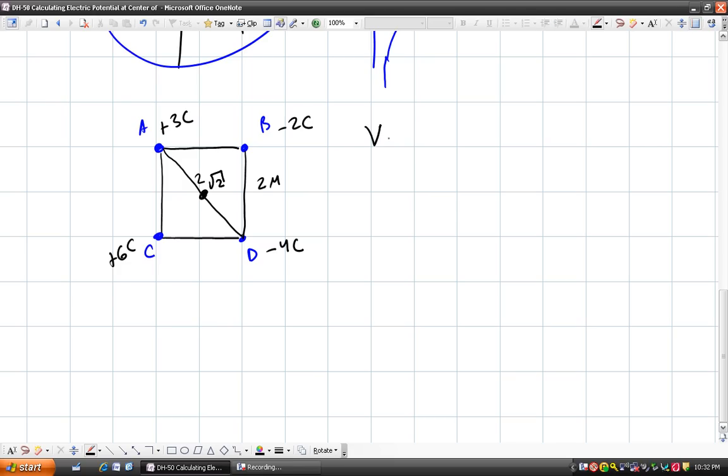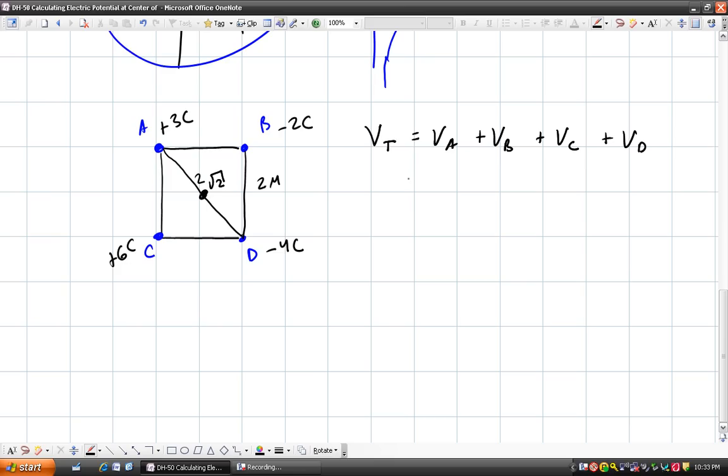So if I want to know the total electric field at the center, it's going to be the electric field from A plus the electric field, I shouldn't say electric field, I'm misspeaking. The electric potential total is going to be the electric potential from A plus the electric potential from B plus the electric potential from C plus the electric potential from D. You literally just add them.